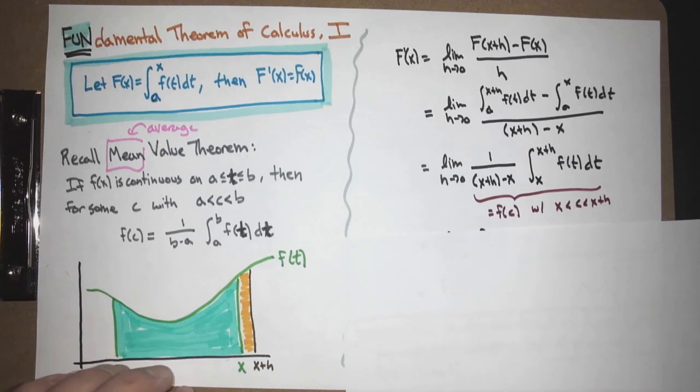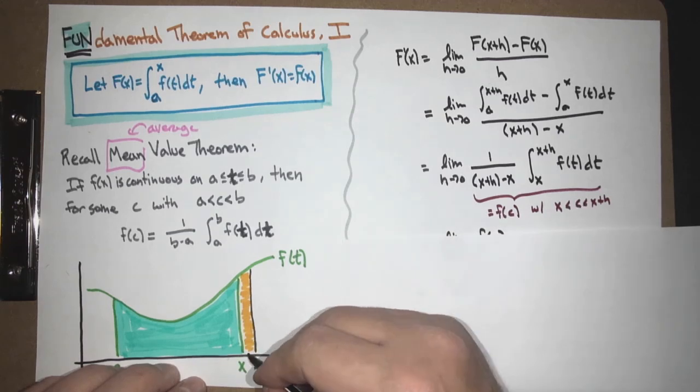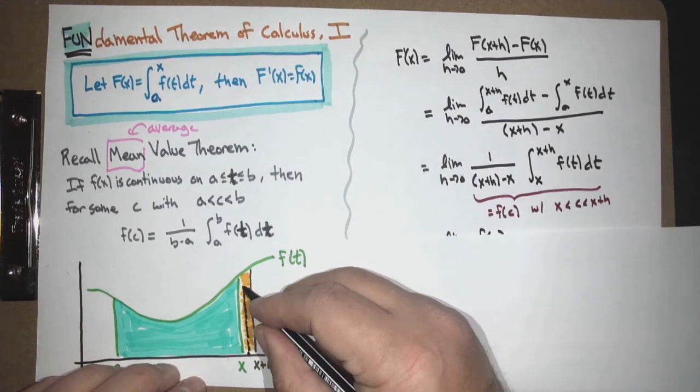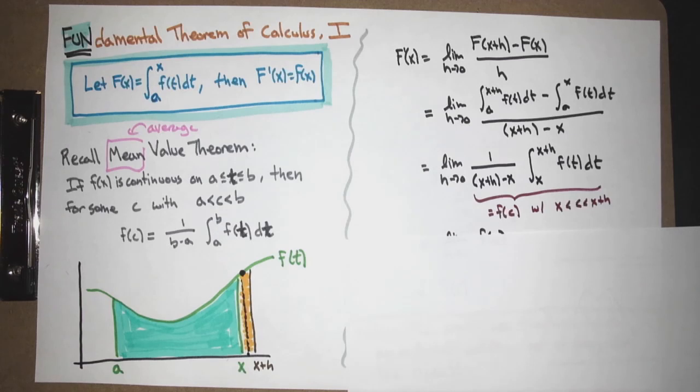So what does that say? Well, it says that there's some place in between x and x plus h, maybe it's, let's say it's here, so that this height is the average of the function between x and x plus h, which is not too surprising. Well, now we say, well, let h get small. C is between x and x plus h.